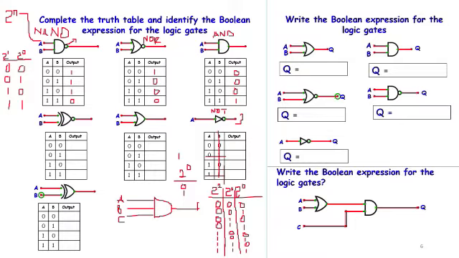So for one input, this A input here, the NOT gate is just to flip the values. For 0, the output becomes 1, then for 1, the output becomes 0. So that's just it for that.